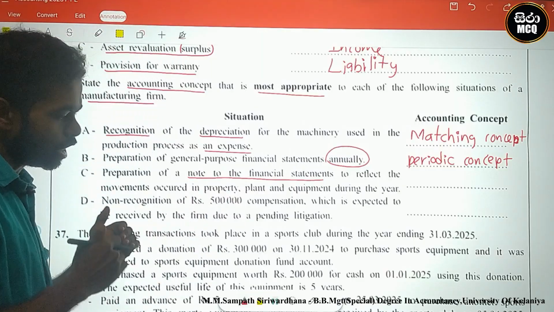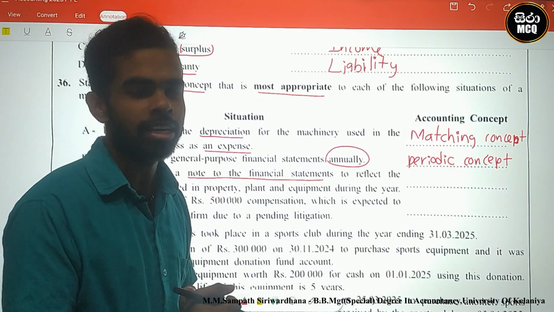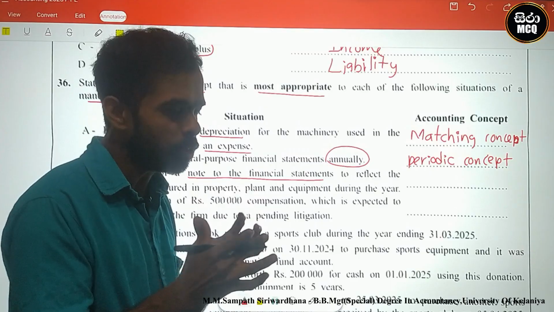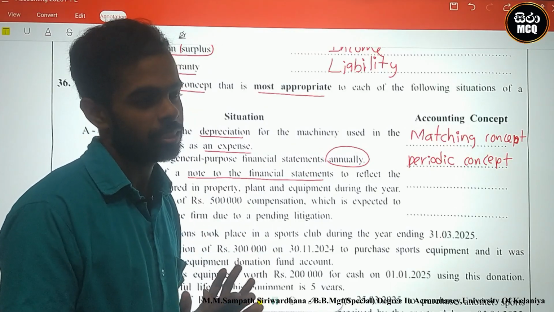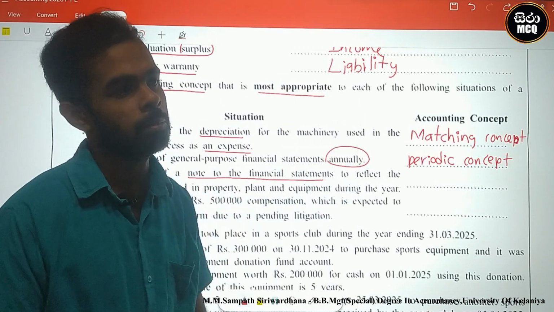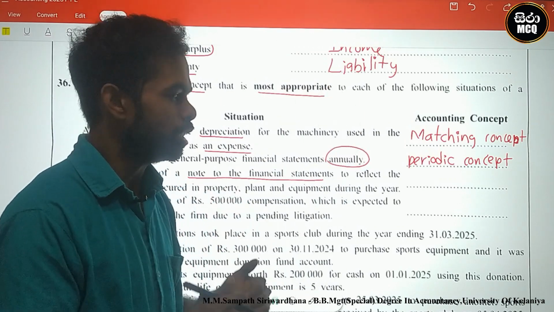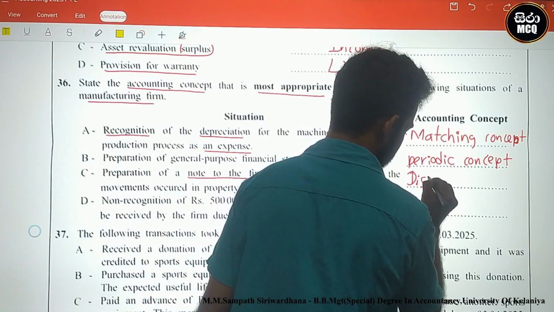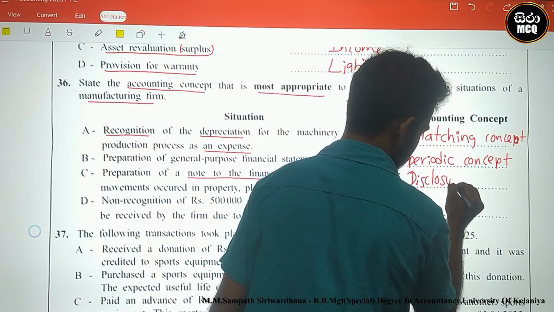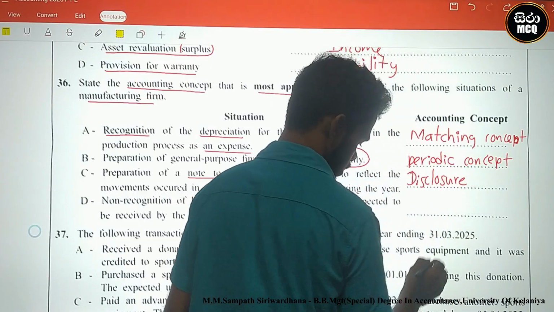At that point there is a reflection. Why? There is a disclosure to stakeholders. What is the concept? All the information supplied to the stakeholders is disclosure.